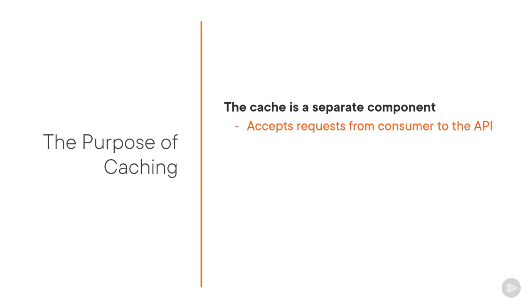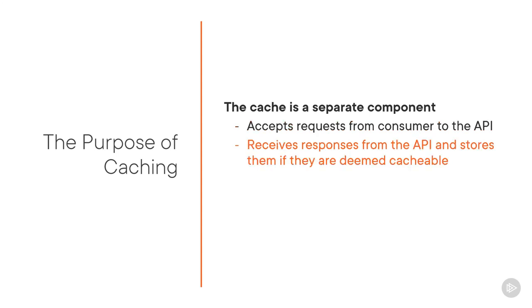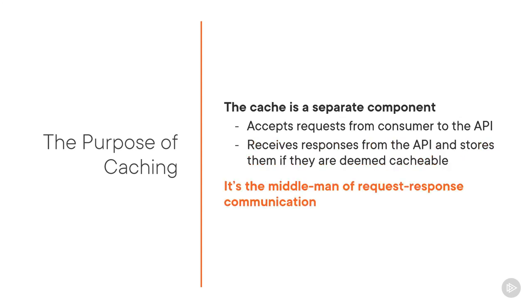It will also receive response messages from the API and store responses that are deemed cacheable. Those responses will potentially be forwarded to the consuming application. If the same response is requested again, the cache can send the cached response. So we can look at the cache as the middleman of the request-response communication between a consuming application and the API.